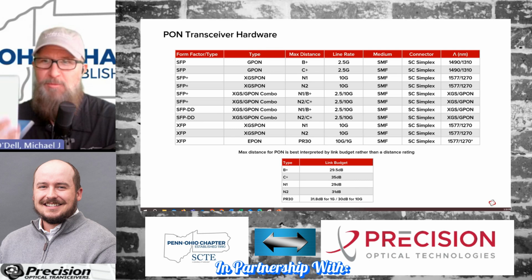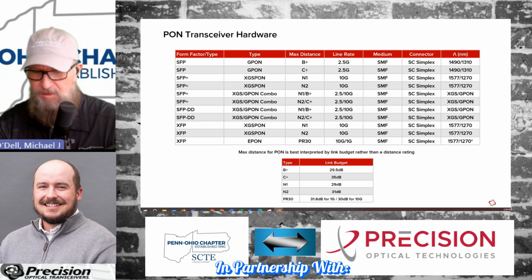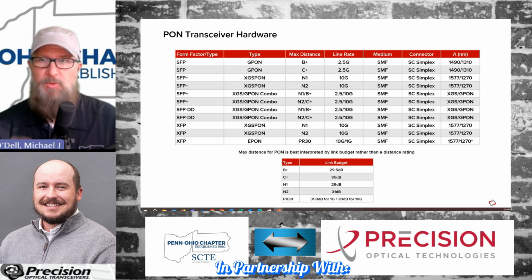I'm sorry, I had to refer to my data book for the losses in the optical splitters. But yeah, to your point, the transmitter power is relatively fixed, right? So when you're designing and thinking about your PON network, it's really how many homes do I have to service inside of this geographic footprint.